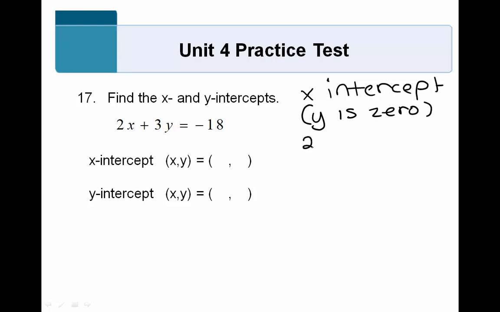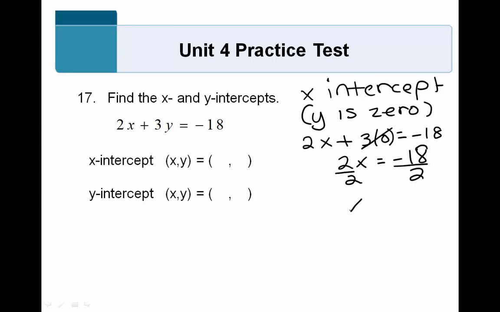Okay, so we're going to have 2x plus 3 times 0 equals -18. But 3 times 0 is 0. So we just have 2x equals -18. Dividing both sides by 2, we see that x is equal to -9. So your x-intercept is -9, 0. Okay.